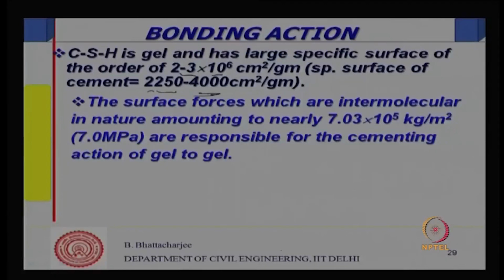They are very fine, and therefore surface forces start acting and dominating, and the surface forces, which are intermolecular in nature and of the order of around 7 MPa, are responsible for the cementing action of gel to gel.